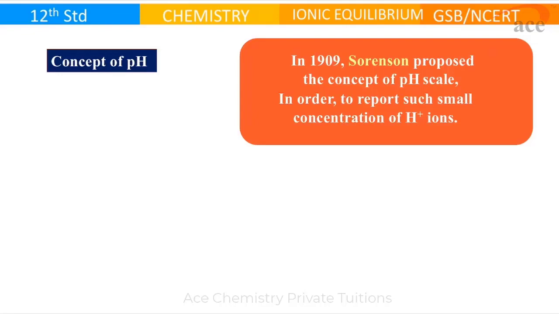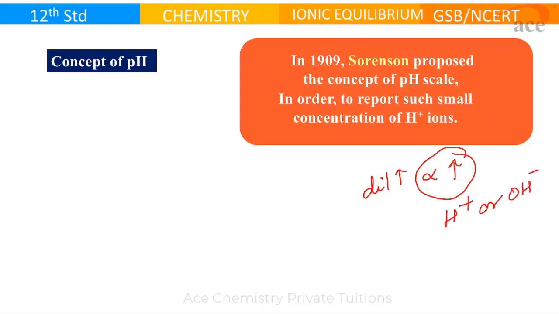Remember, we are studying Arrhenius acids and bases, and we are talking about weak acids and weak bases. And Ostwald clearly said as dilution increases, alpha increases. So if you want more H plus or more OH minus to be produced, we need to add a lot of water.